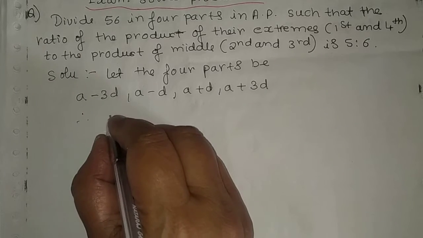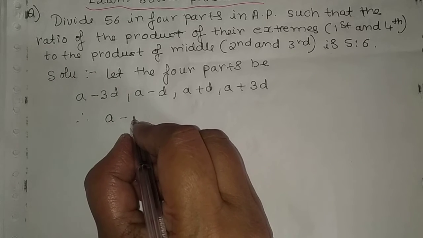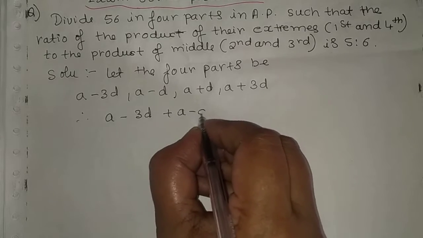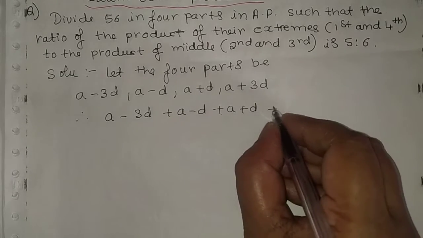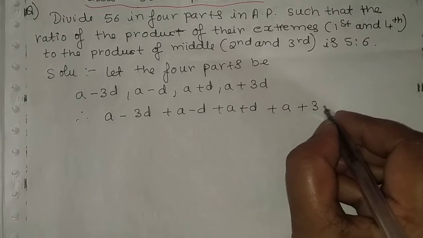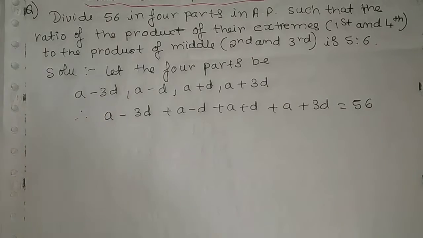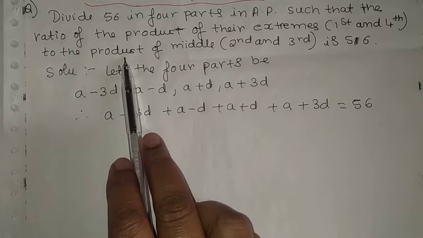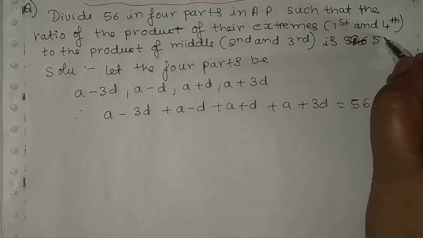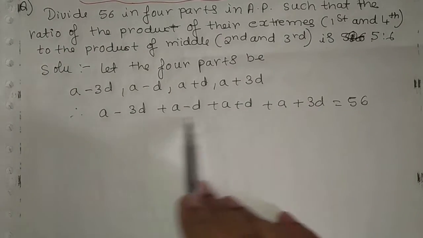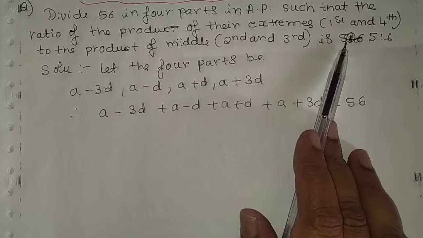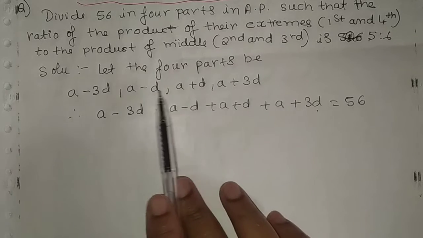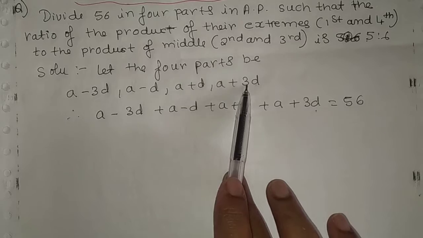Therefore a minus 3d plus a minus d plus a plus d plus a plus 3d is equal to 56. 56 into 4 parts will become like this, such that the ratio of the extremes, first and fourth, to the product of the second and third.